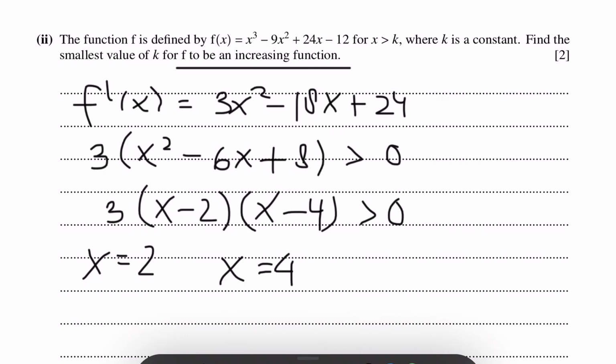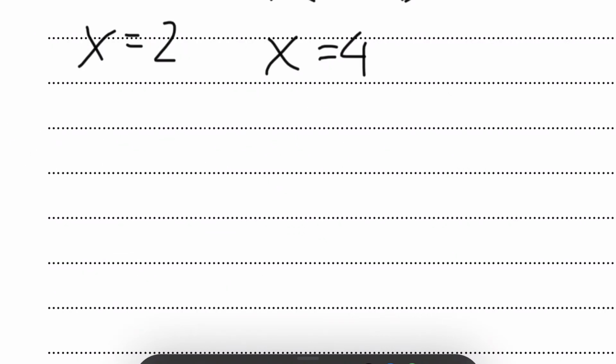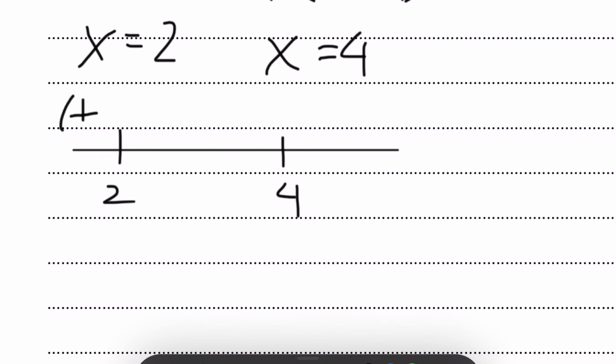Now draw a number line, and this will be 2 and 4. Now choose a number below 2. I will choose 1, and I will substitute the x in the equation with 1. I will get 9, which is a positive number, so I'll write positive there. Now choose a number between 2 and 4. I will choose 3.